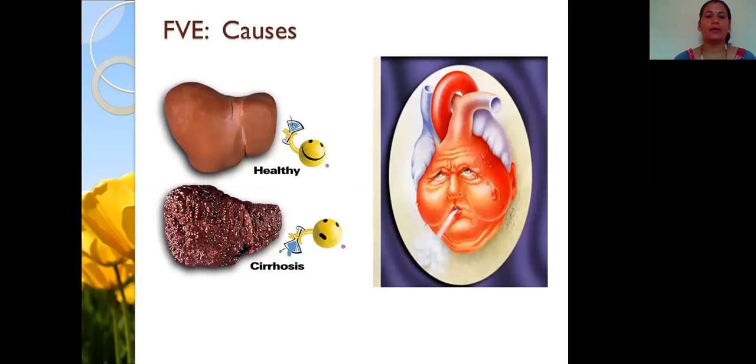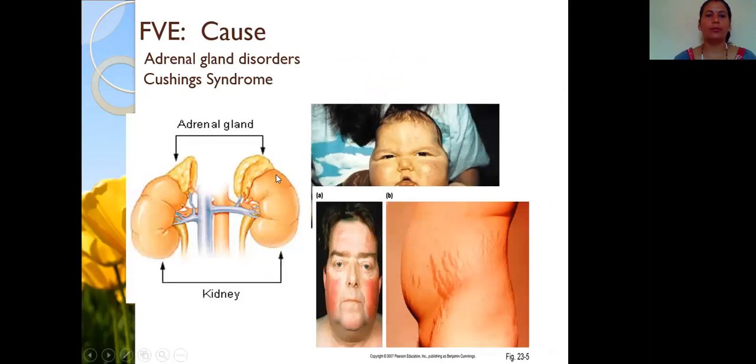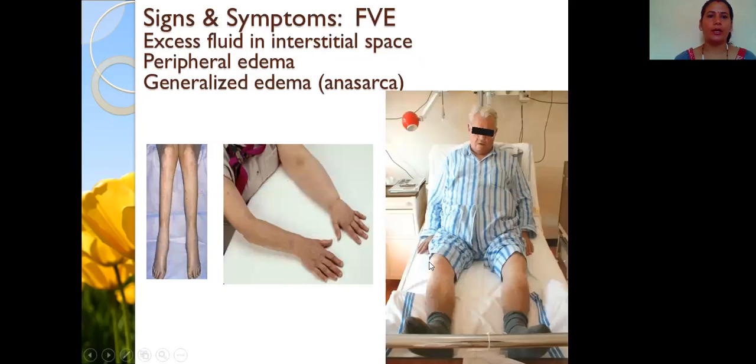Okay, we can see here the figure of a healthy liver and a cirrhotic liver. Corticosteroid administration, sodium-containing drugs and food also cause hypervolemia. Similarly, adrenal gland disorders like Cushing syndrome can also cause hypervolemia.